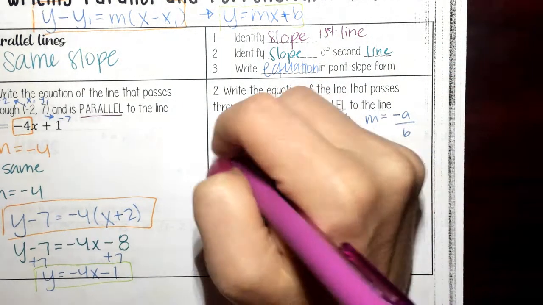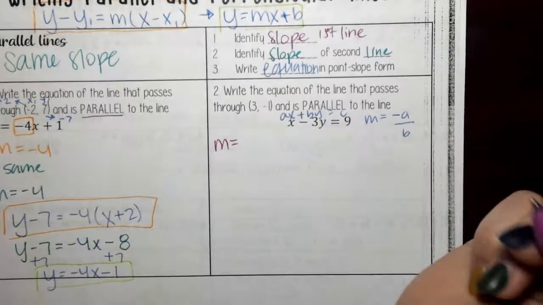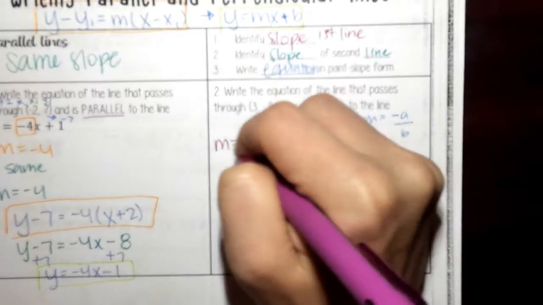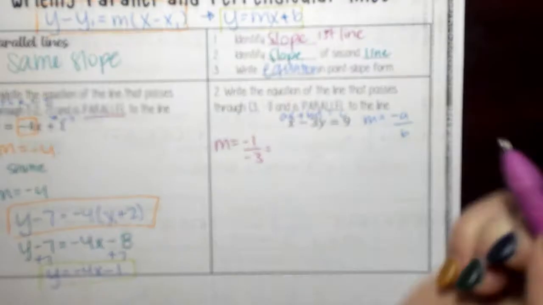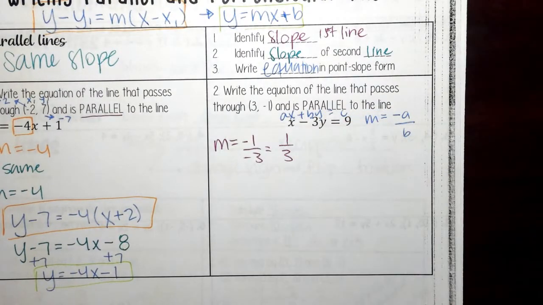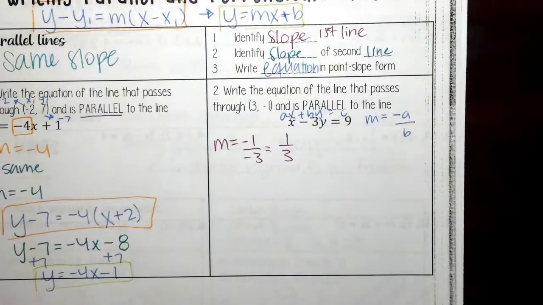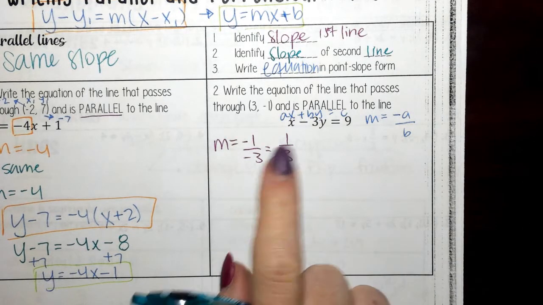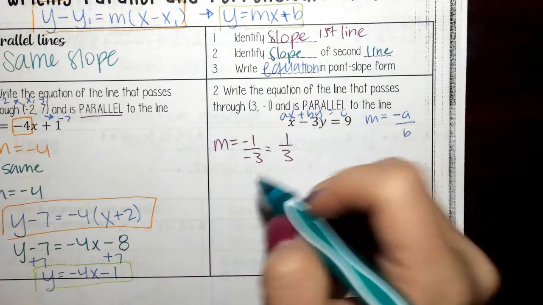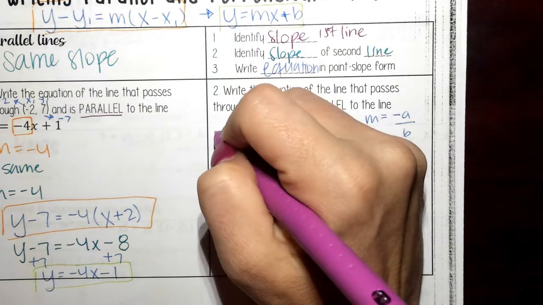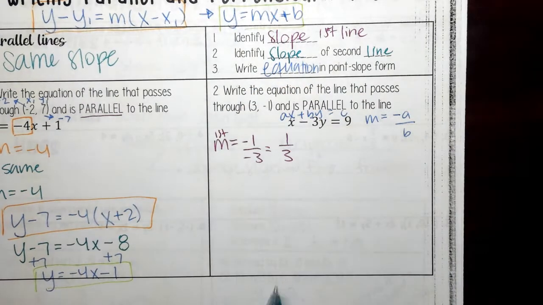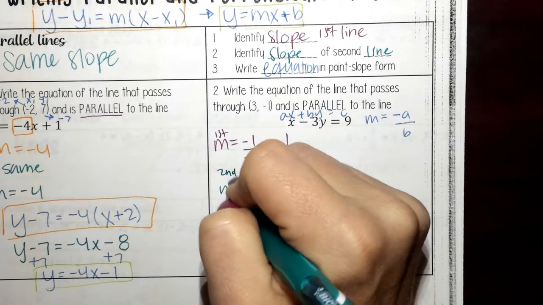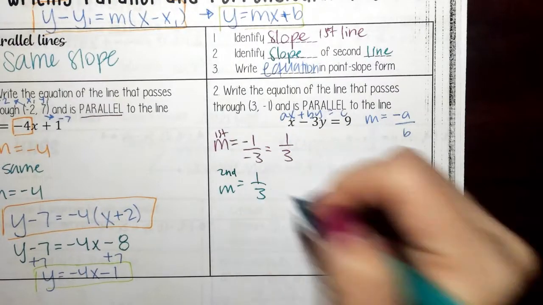So the slope of my first line is -1 over -3, which reduces to +1 over 3. We're still looking at parallel lines, so the slope of my second line is going to be the exact same.